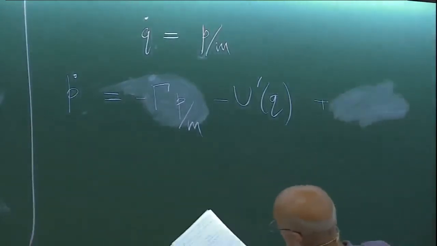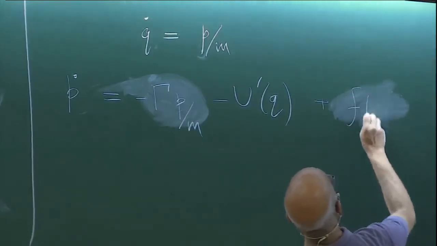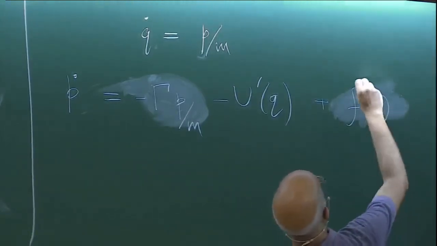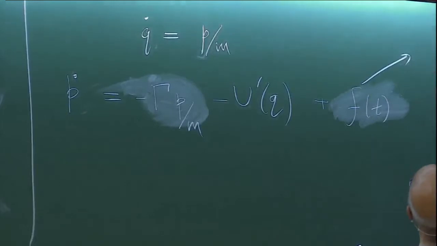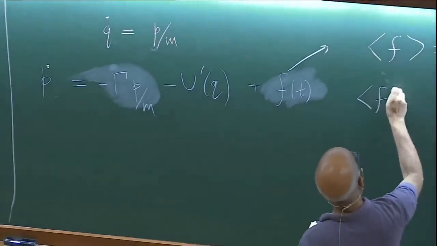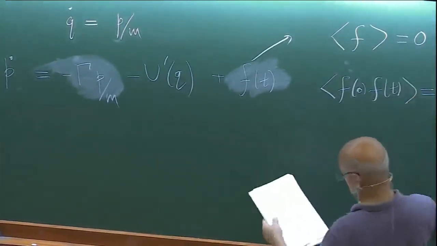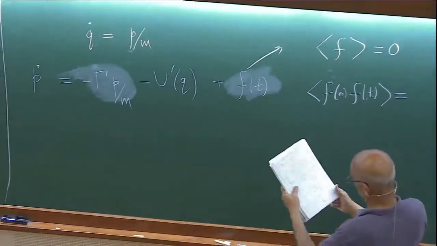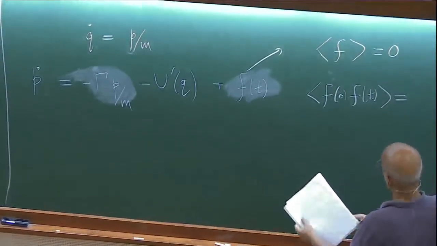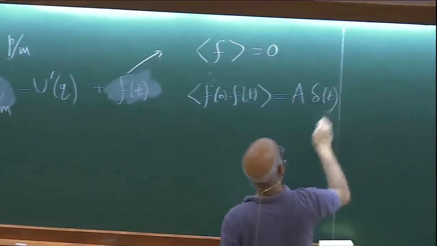Now, supposing we didn't know how the noise was related to the damping. Supposing we just said there's a noise here, okay? And we say that it is utterly uncorrelated. So that means on average it is 0. And from one time to the next, it's some A times a delta function.